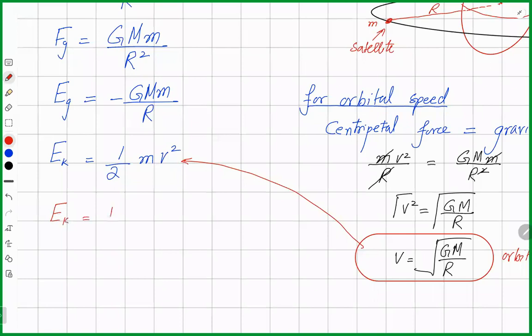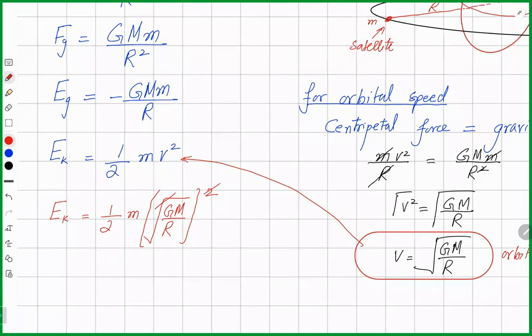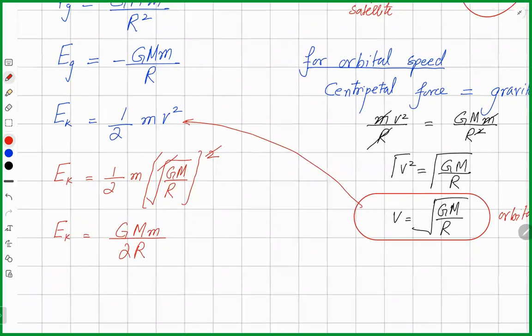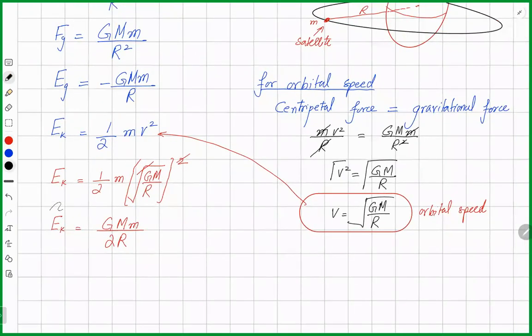Kinetic energy will become 1 over 2 m under root G M over r, whole square. So we can simply cancel square with square root, and we have G M m over 2r. So this is the formula for kinetic energy.